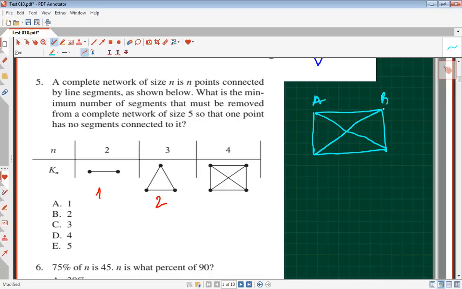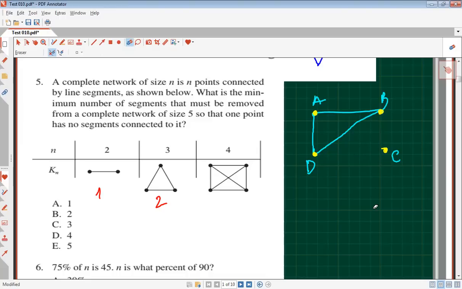A, B, C, D. There are 4 points. For example, if we want to isolate the point C, we need to erase 1, 2, and 3.